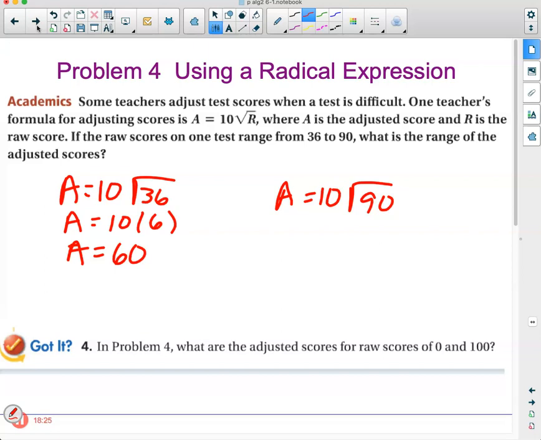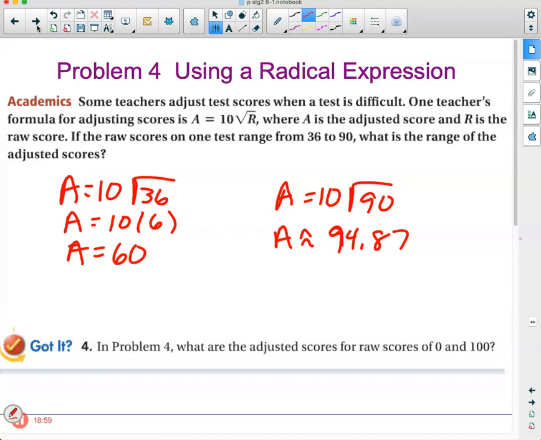Then for the second one, we need to see what 10 times the square root of 90 is, and that's not a perfect square. So we'd grab a calculator and punch that in, and it's about 94.87. So the person with the 90, they got a little bit of a boost at 4.87. And these squiggly equals, those mean approximately. So approximately 94.87 because I had to round.